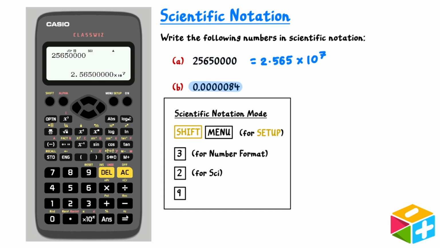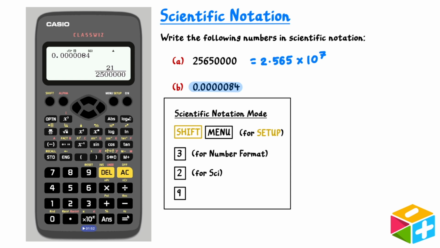To tackle our second example, we'll type in 0.000084 and then press the equal sign. This time, our calculator has initially displayed the answer as a fraction.